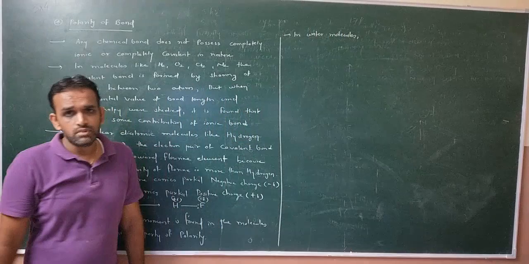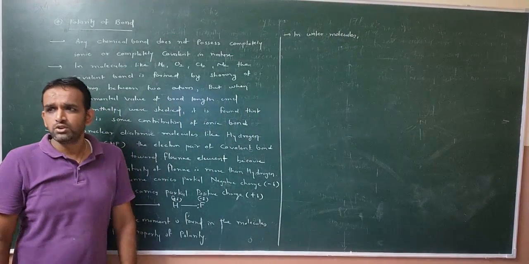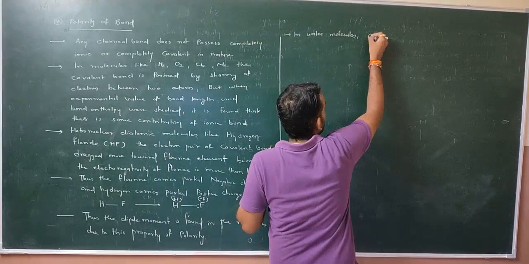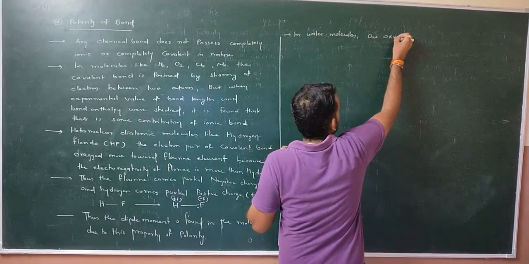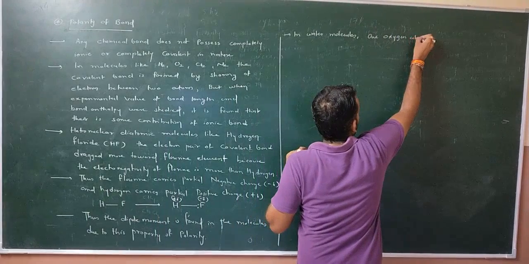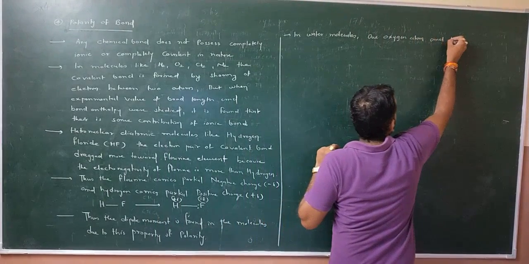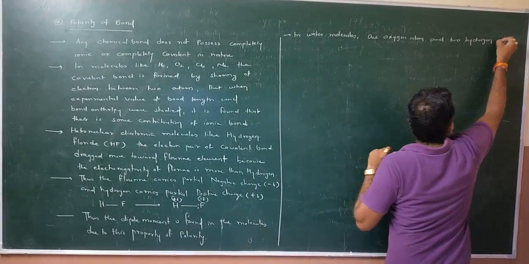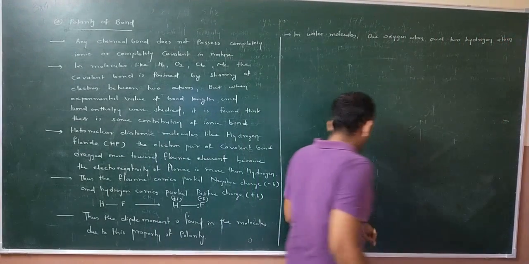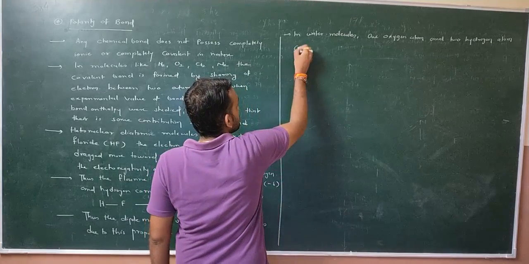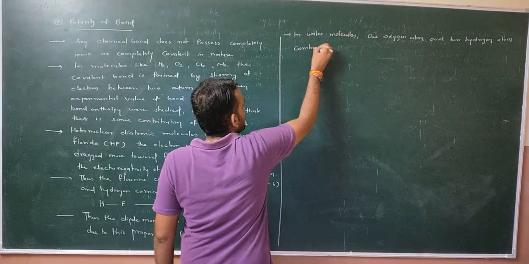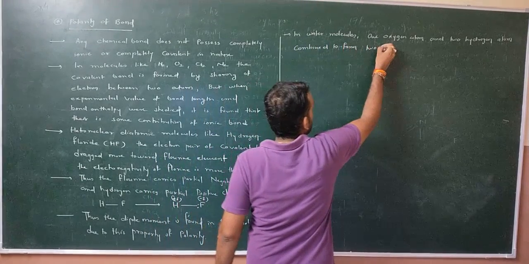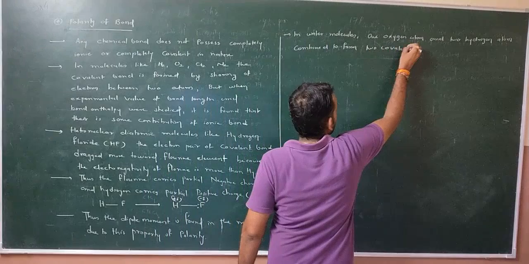One oxygen atom is joined with two hydrogen atoms, combining to form two covalent bonds.